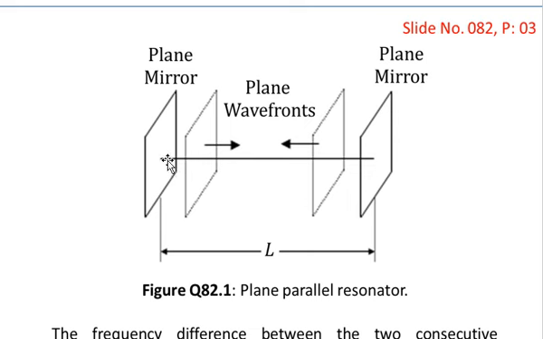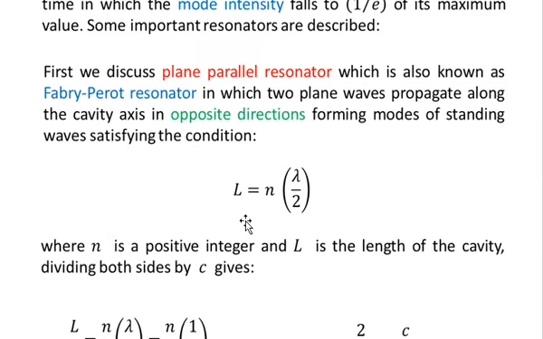So these two plane waves are moving in opposite directions, thus forming standing waves within the two plane mirrors. And at these two mirrors, the electric field due to these standing waves will vanish. That is, the nodes of the standing waves will exist at the two plane mirrors. Under that condition, where the length of the cavity is capital L, the standing waves fit into this cavity as given by this relationship, that is L is equal to n into lambda by 2.